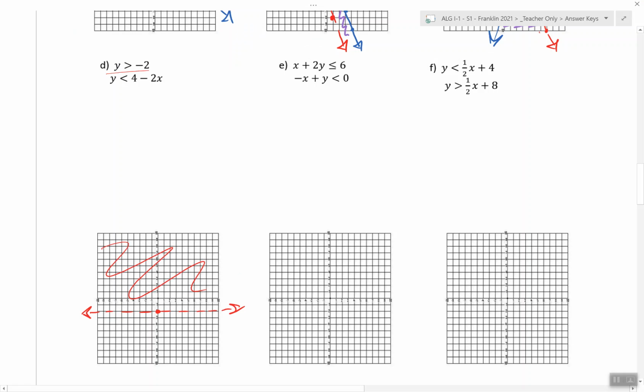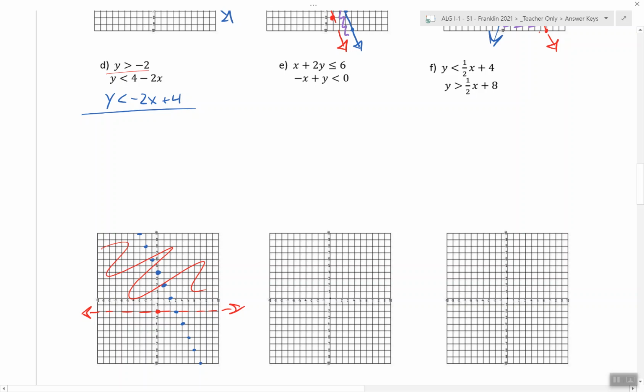We've also got y is less than 4 minus 2x. You might want to rewrite that if it helps you. Y is less than negative 2x plus 4. So we go up 4, and then down 2 over 1, or up 2 and left 1.